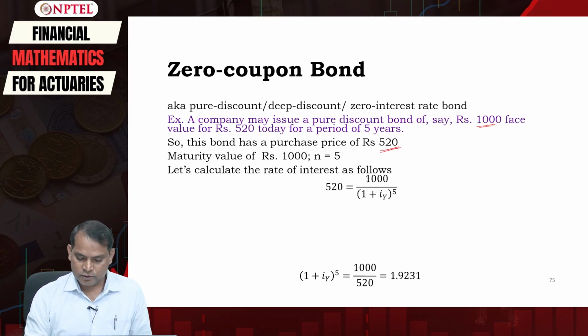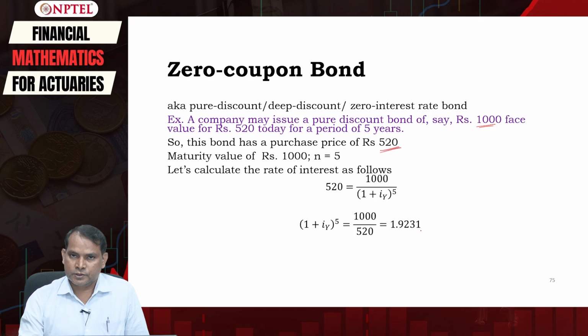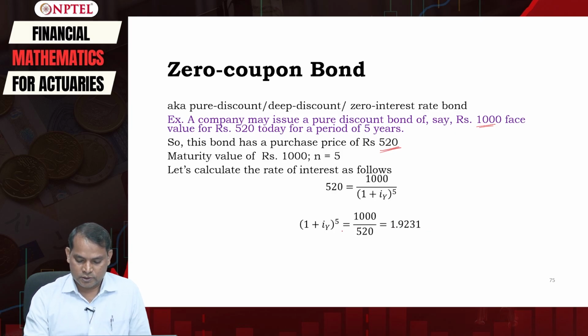Upon solving this, you will get 1 plus iy to the power 5 equal to 1.9231. Or we can simply have 1 plus iy equal to 1.9231 to the power 1 upon 5, or to the power 0.2.